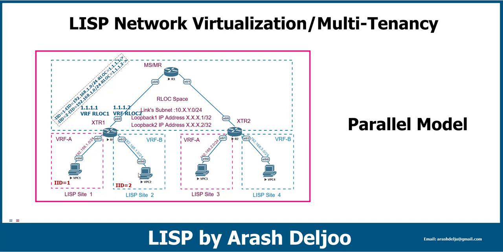In the LISP parallel model, we virtualize each LISP site and the mapping system and segment the core network to support multiple LISP VPNs. Completely separate LISP logical infrastructure is shared on top of the same physical infrastructure. You will understand the detail of this method. Let me give you more explanation about the configuration.